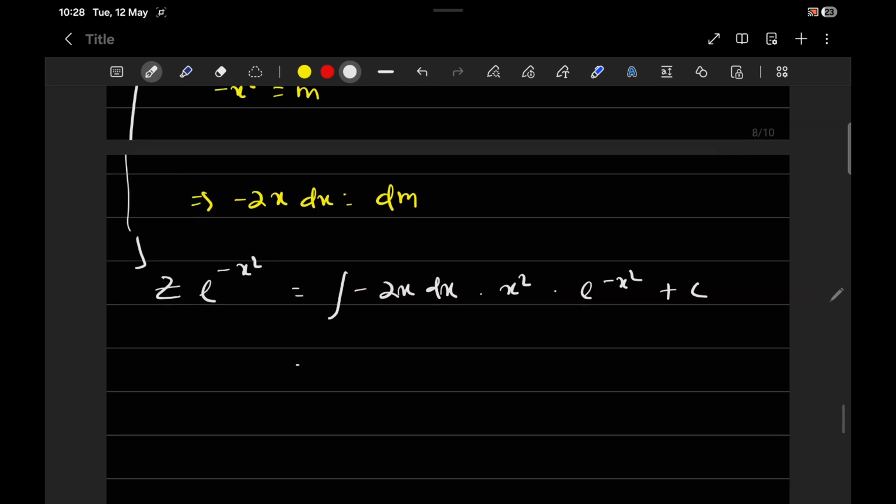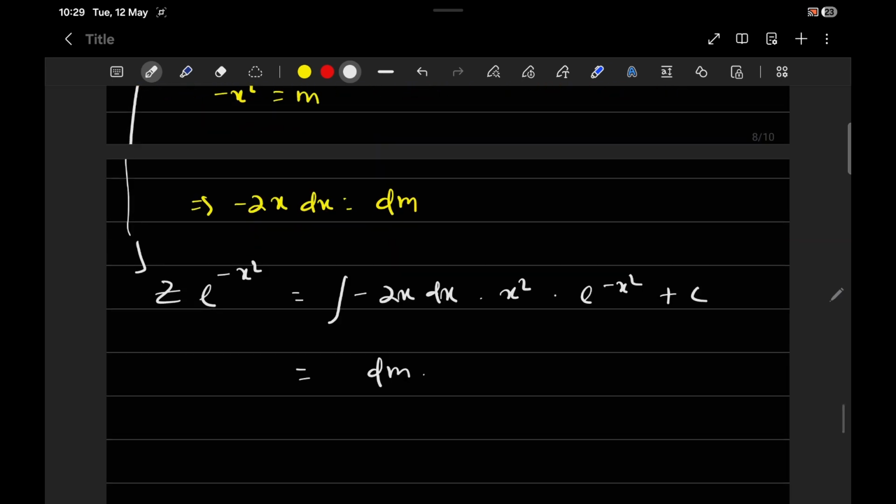So this becomes dm, and x square is minus m, so this is minus m into e to the power m plus c.